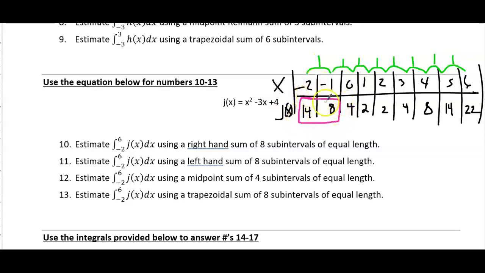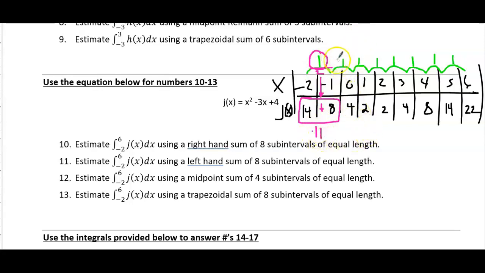So the way that you do trapezoidal sums is you take the height, you cut that in half, and you multiply that times the sum of the bases. So 14 plus 8 is 22, multiplied by a half is going to be 11.